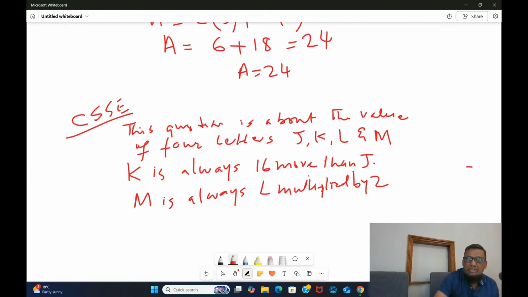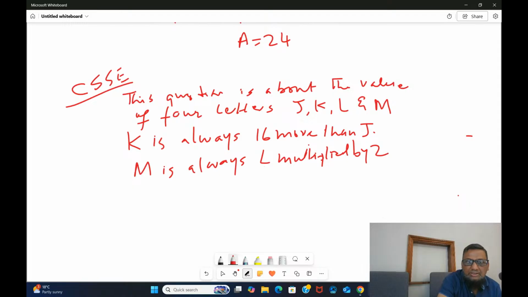So the question says this is about the values of four letters J, K, L, and M. K is always 16 more than J. And M is always L multiplied by 2. So we need to make expressions here.